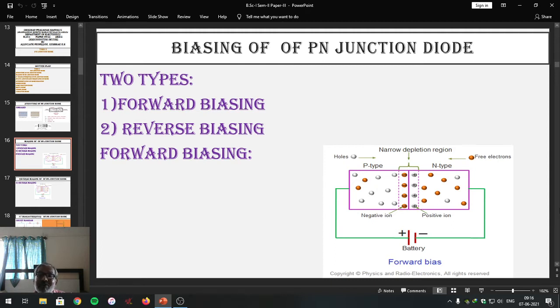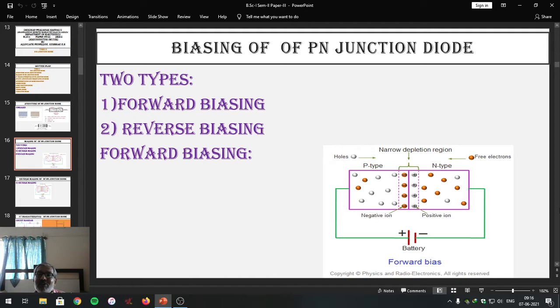A barrier will be set up between P-type and N-type of semiconductor, so that P-type and N-type of semiconductors are separated by a peculiar layer very close to the junction on both sides, known as the depletion layer. We studied this already. The depletion layer separates the P-type and N-type of semiconductor from each other.